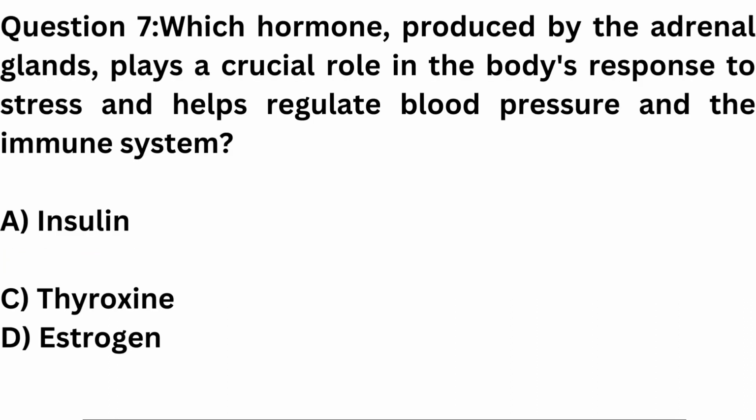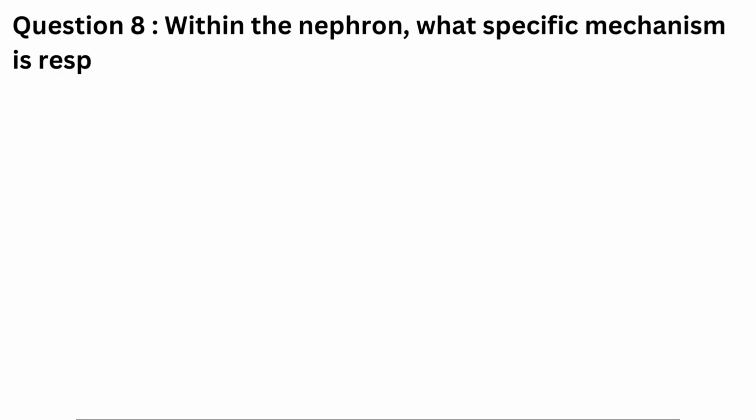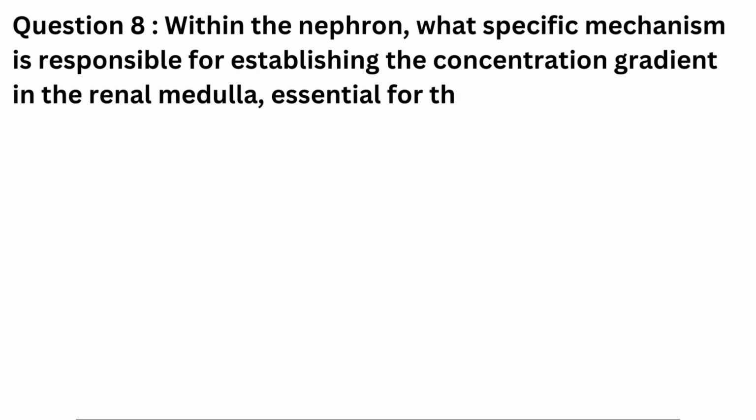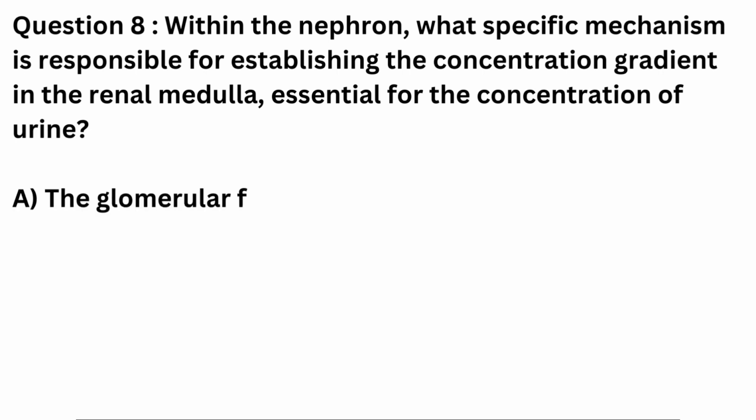Cortisol. Question 8. Within the nephron, what specific mechanism is responsible for establishing the concentration gradient in the renal medulla, essential for the concentration of urine? A. The glomerular filtration rate, GFR, mechanism.